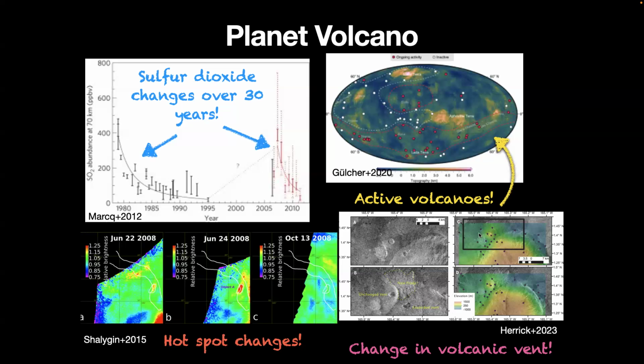There are some radar images that indicate some changes in a volcanic vent. Some hot spots that we've measured also seem to be changing. So there's some of this indirect evidence that there's still volcanic activity, but no smoking gun quite yet, so to speak.